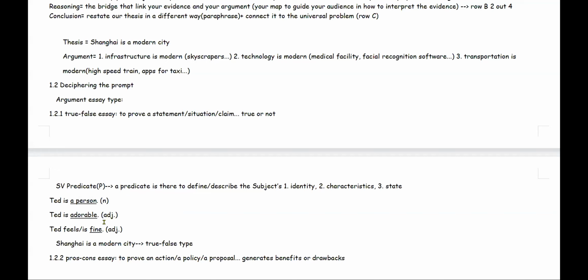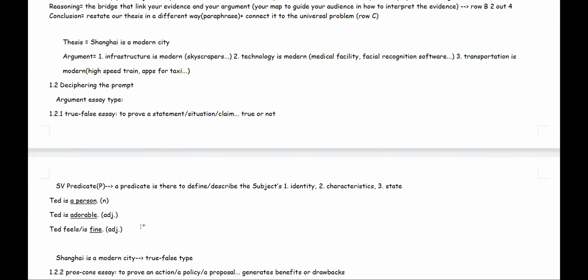So we conclude that only nouns and adjectives can serve as a predicate.